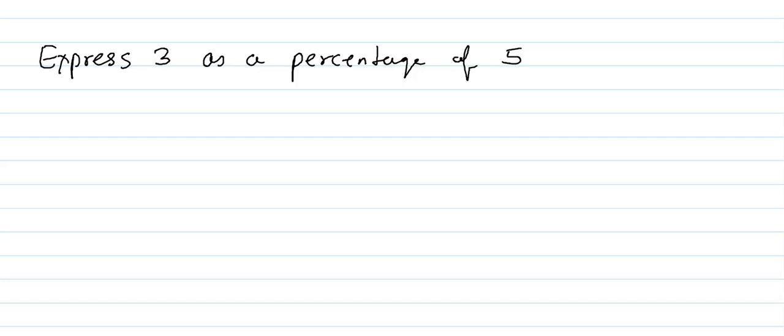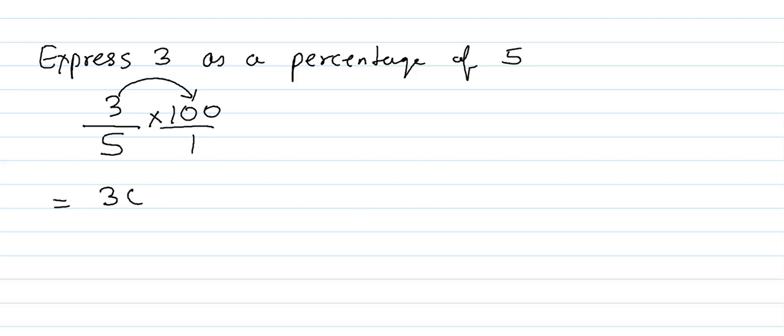So it should be 3 divided by 5. Because you want the answer in percentage, you times by 100. Is there any zeros we can cancel here? No, we cannot. So what we can do, just multiply. 3 times 100 is 300. 5 times 1 is 5. And 300 divided by 5 is 60. So this will be 60%. Is that okay?